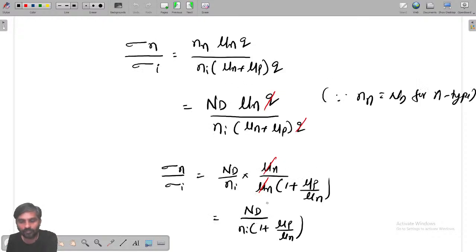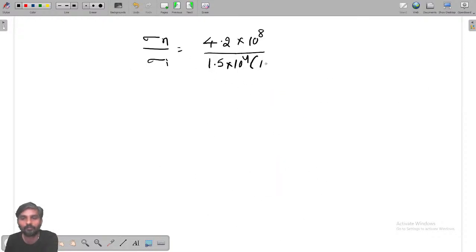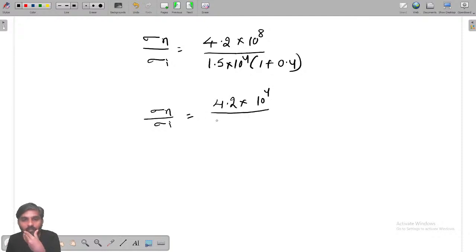This is mu p to mu n only. It's going to be 1 plus 0.4. So sigma n by sigma i is equal to 4.2 into 10 to the power of 4 by 1.5 into 1.4.